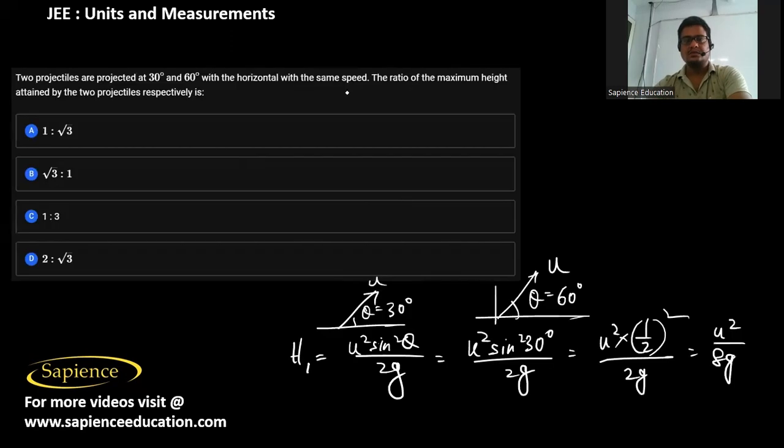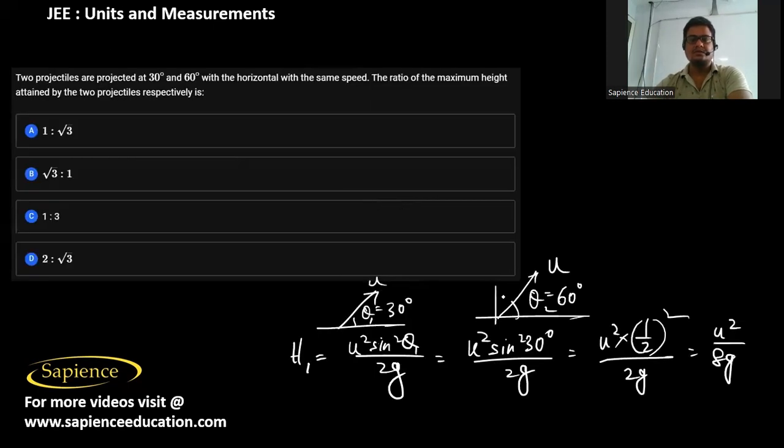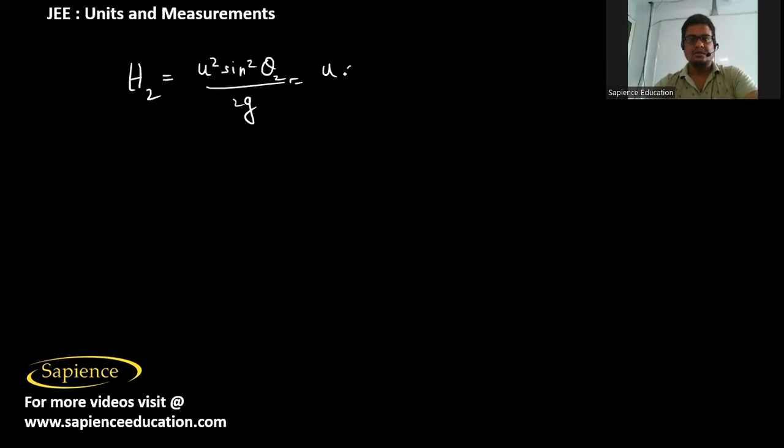And in the second case, the maximum height attained will be equal to u square sine square theta by 2g. Here u is same, initial velocity is same, but the angles theta 1 and theta 2 are not same. So this will be equal to u square sine square 60 degree divided by 2g.